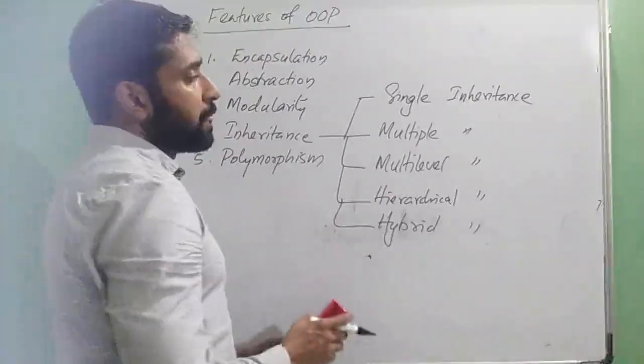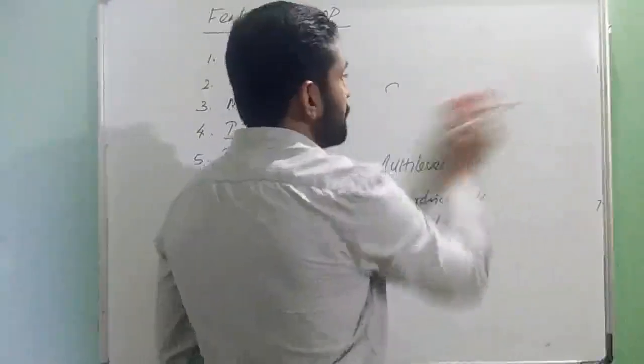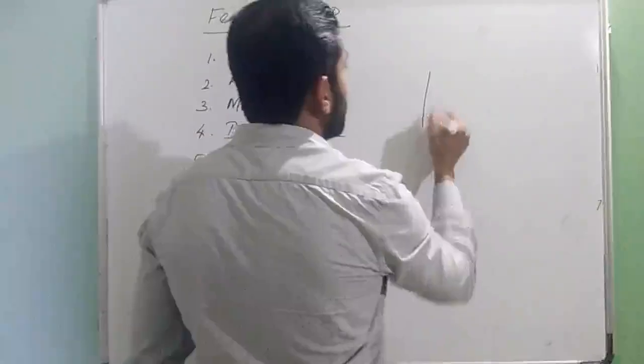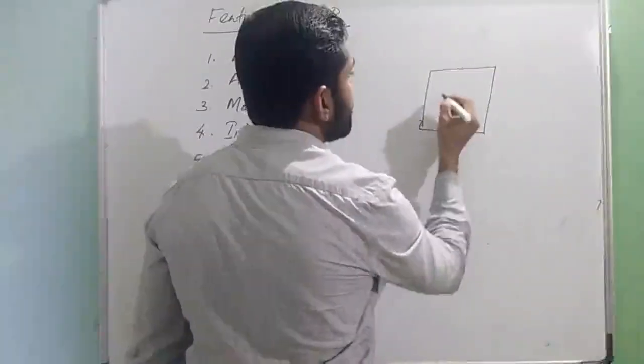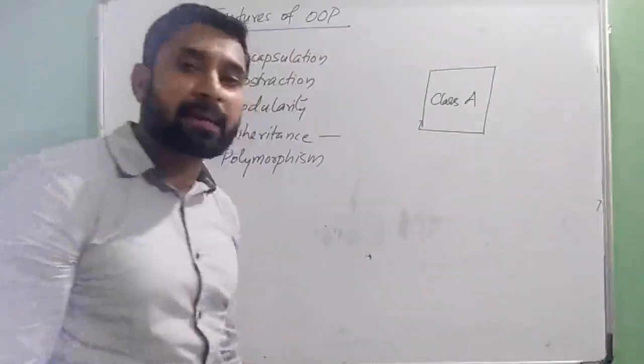So here suppose we have a class that can be represented like this. Say class A, an already existing class.